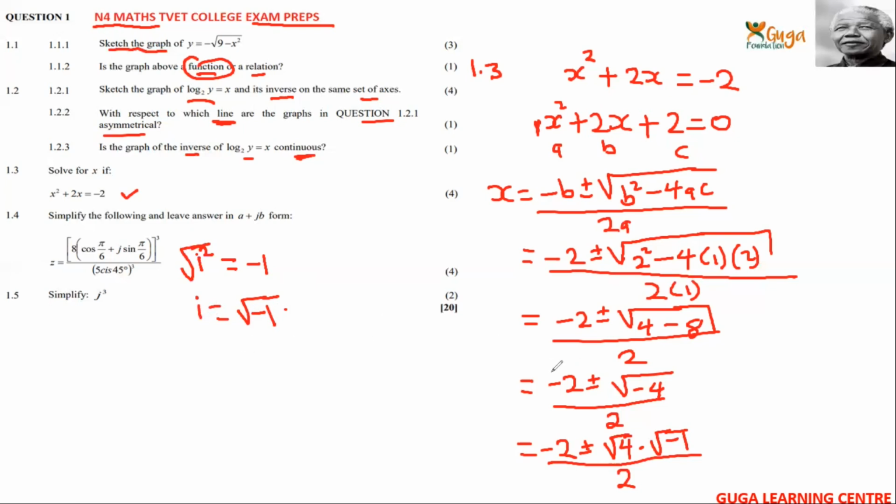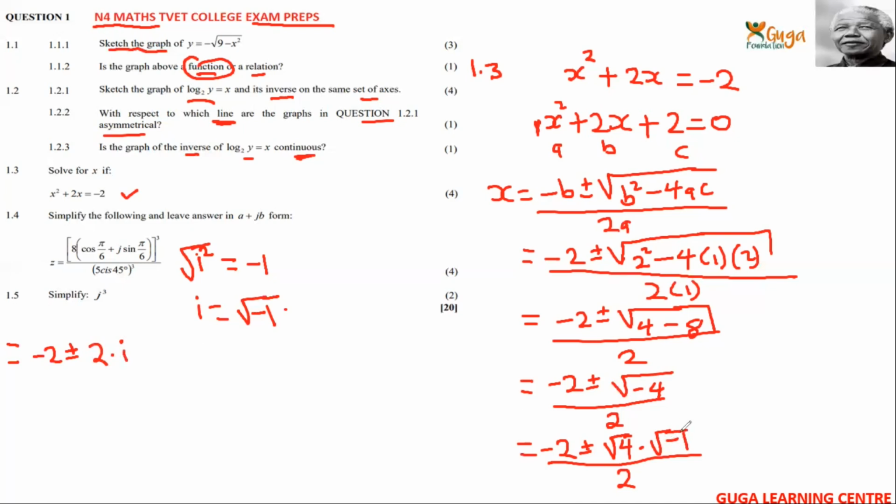Okay, so I can come and write it here. So z is equal to -2 minus or plus root of 4. This root of 4 is 2, right? Multiplied by i.